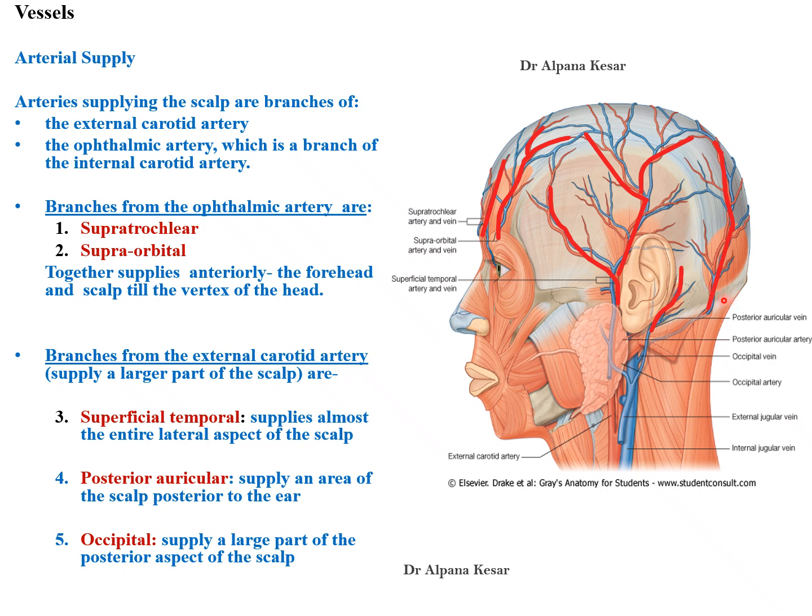Occipital artery is a branch of the external carotid artery that supplies blood to the posterior aspect of the scalp in the occipital region. Through these five arteries, the scalp gets a rich blood supply.